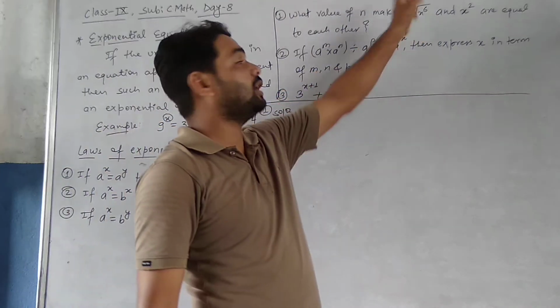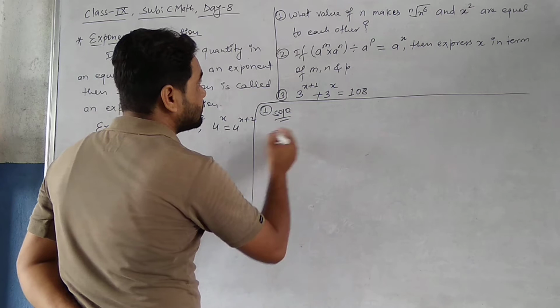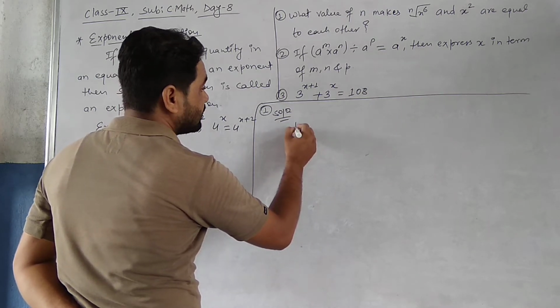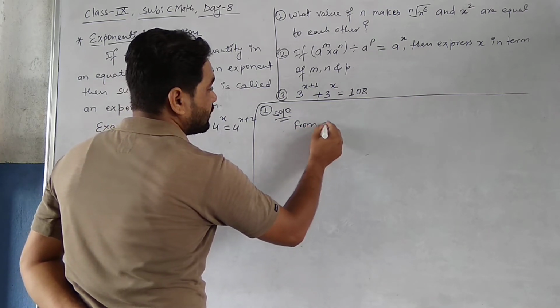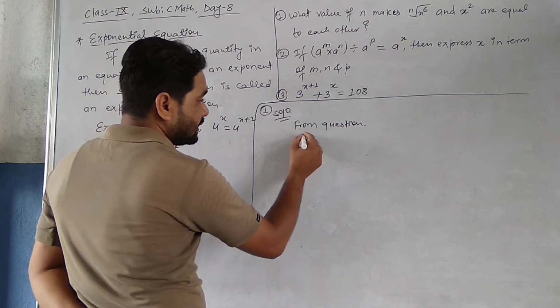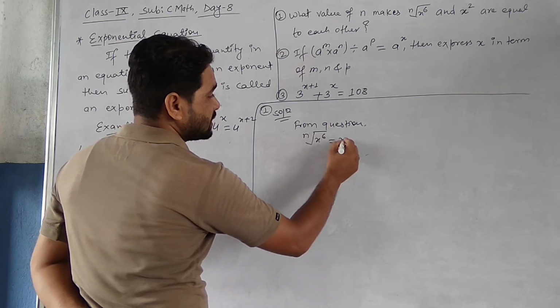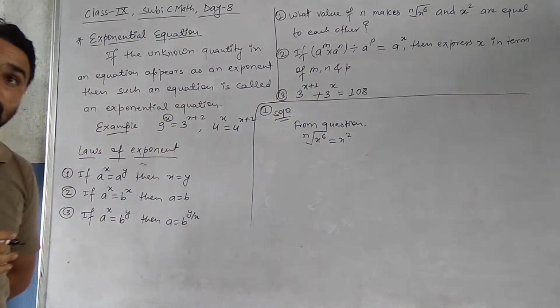We are going to find the value of n. So it is given from the question: nth root of x power 6 equals x square.